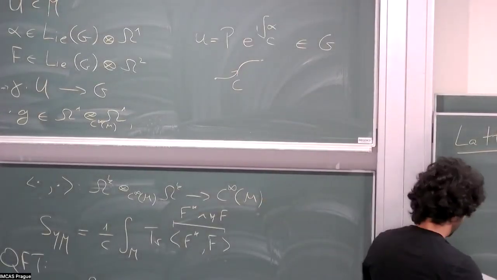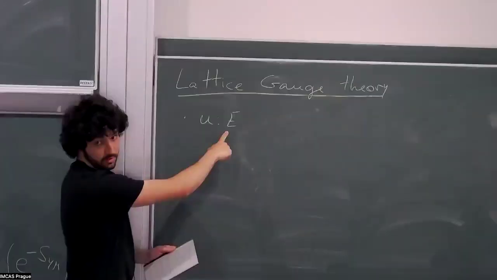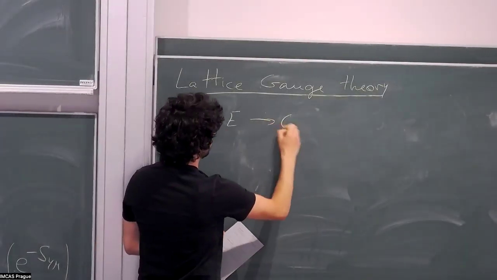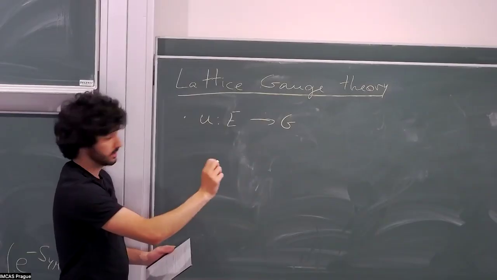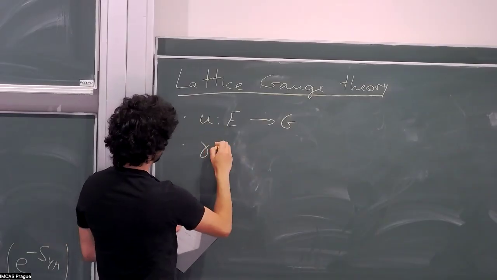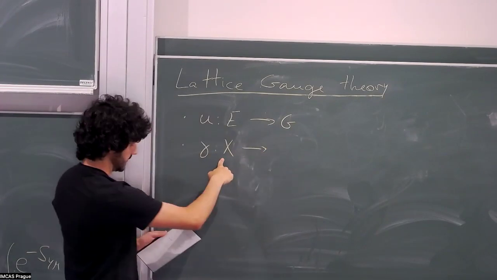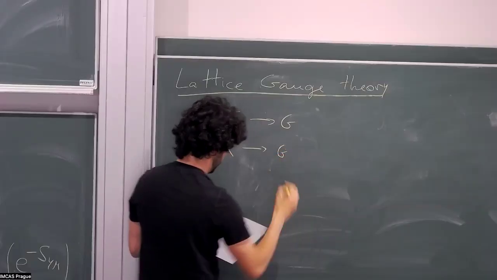So what you do is you have a holonomy field, so to speak. This is a function that goes from a set of edges to the group. Here, this can be either a Lie or finite group. And then you have, again, the set of gauge transformations that goes from the set of vertices X to the group.